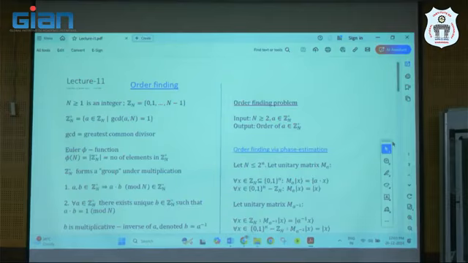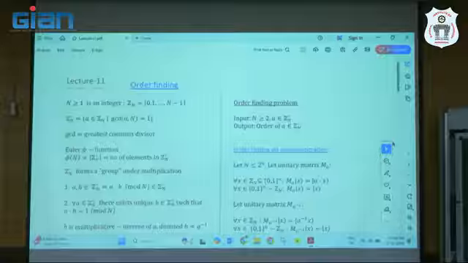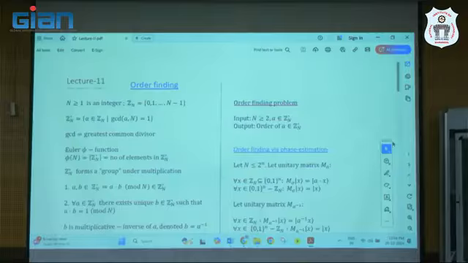Clear? Good. How do we solve this problem? We define this matrix MA, which multiplies by A: x goes to A times x. Because it's a group, A has a multiplicative inverse A inverse.